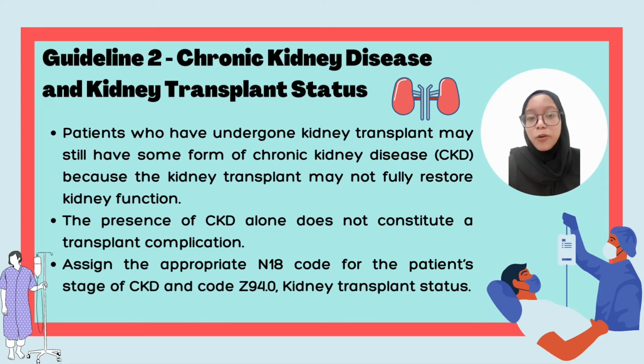If a transplant complication such as failure or rejection or other transplant complication is documented, see section 1.C.19.G for information on coding complications of a kidney transplant. If the documentation is unclear as to whether the patient has a complication of the transplant, query the provider.